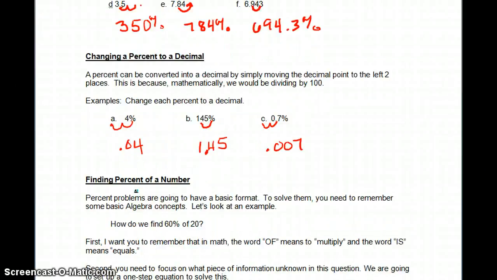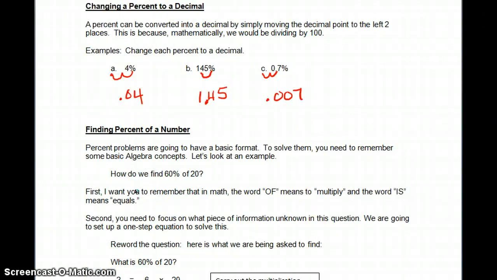Okay. Now we're going to work on our next objective, which is finding the percent of a number. Percent problems are going to have a basic format that we're going to follow. To solve them, you need to remember some basic algebraic concepts.